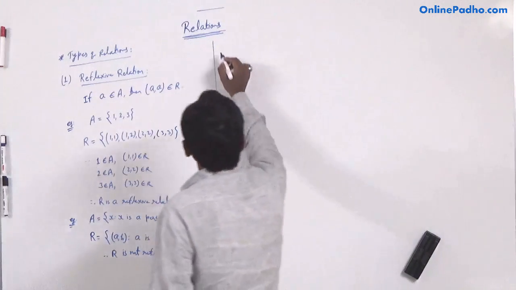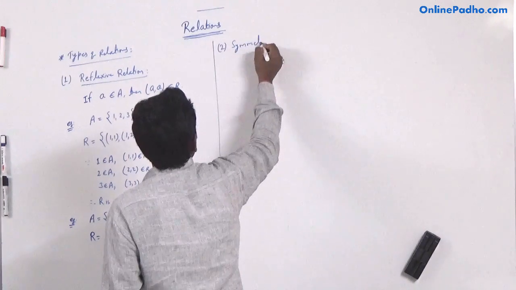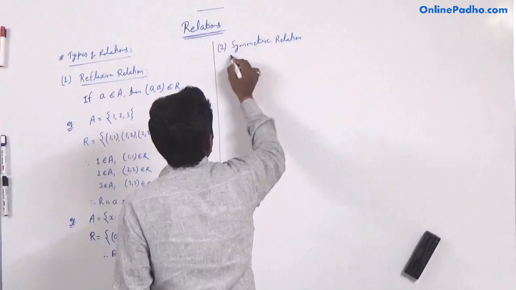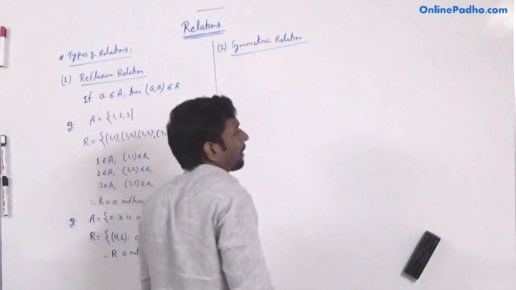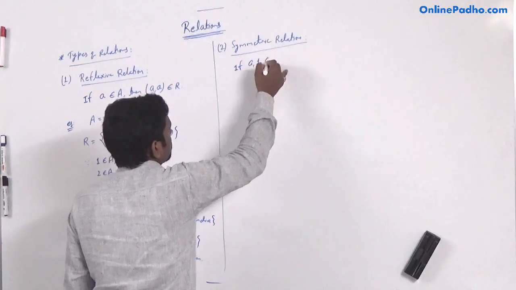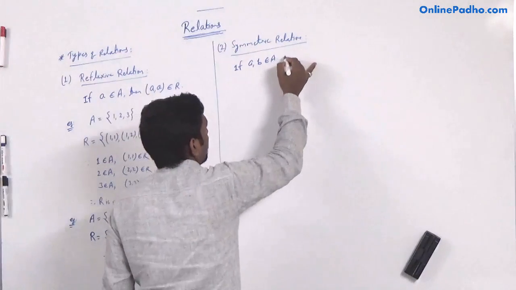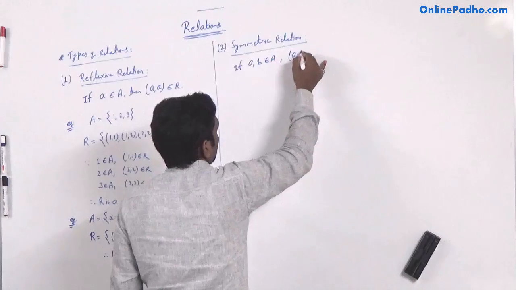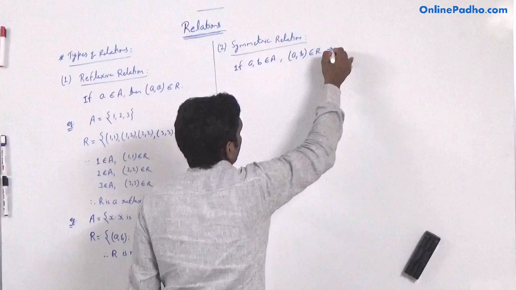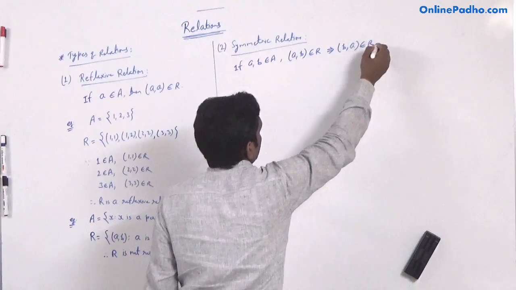Now, our second type of relation is the symmetric relation. How can we say that a relation is symmetric? If (a, b) belongs to set A times A and (a, b) belongs to the relation, then (b, a) must belong to the relation.